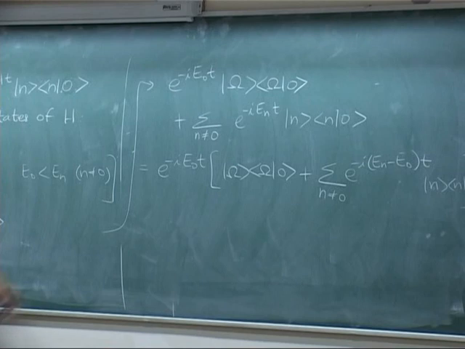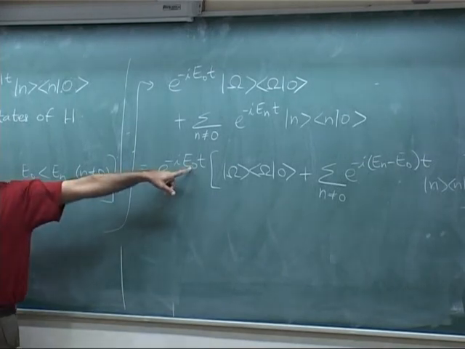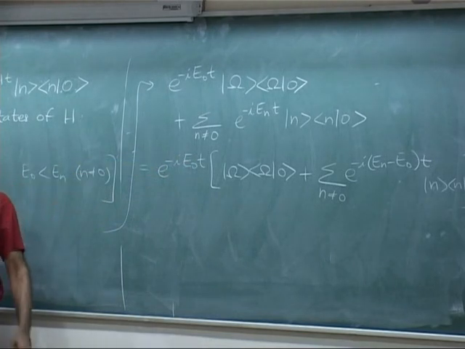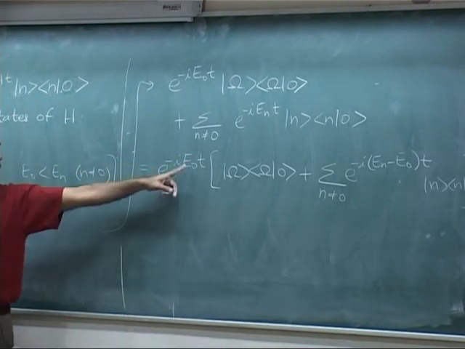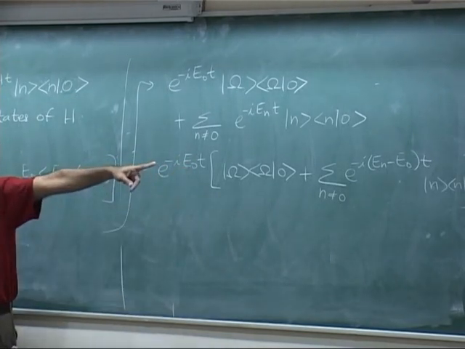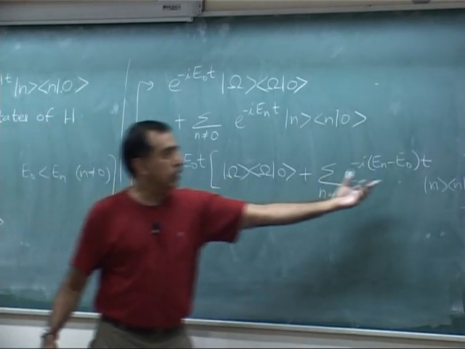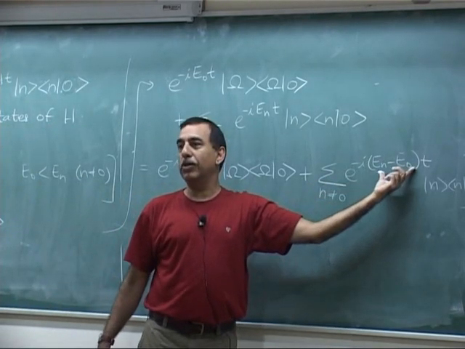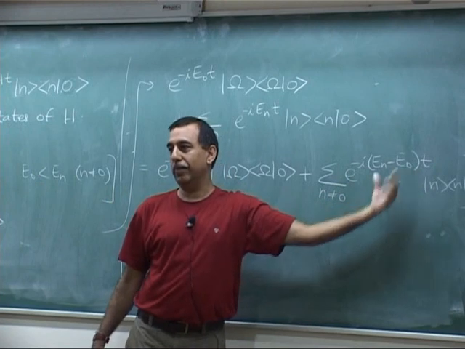These are all different terms with different frequencies, exponentials in t, with frequencies E0, E1, E2, E3. E0 is the lowest one and all the higher ones come here. So En minus E0 is always positive by construction.